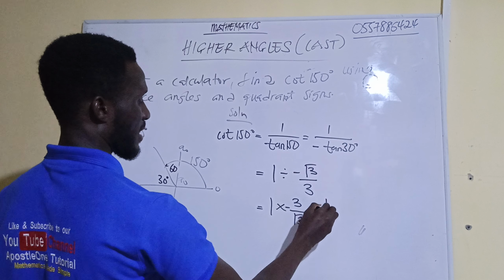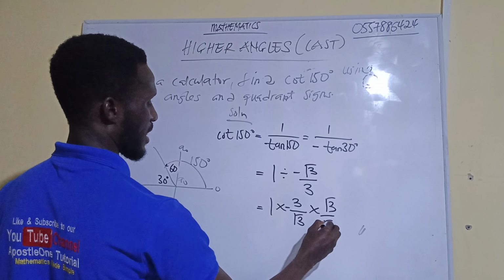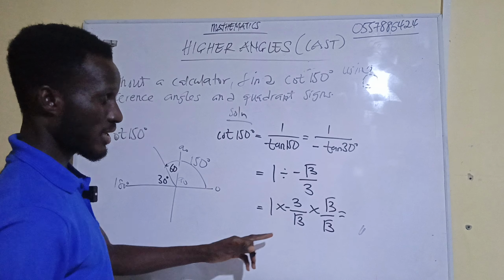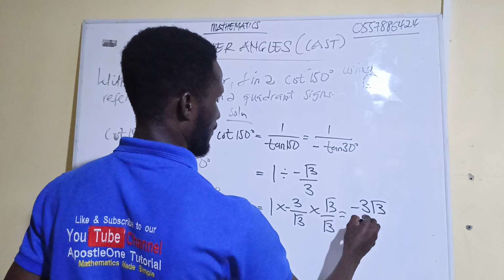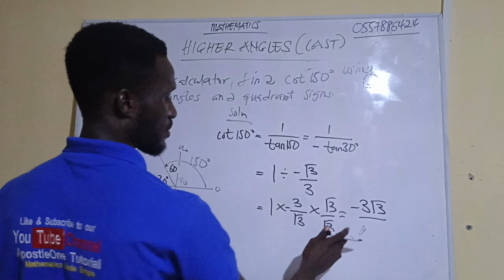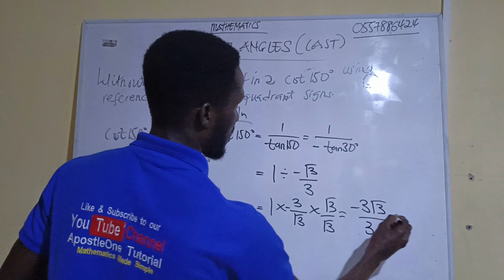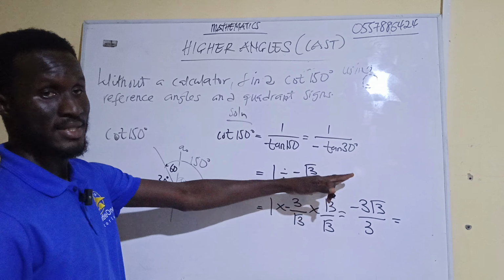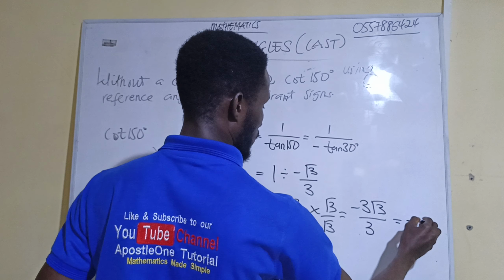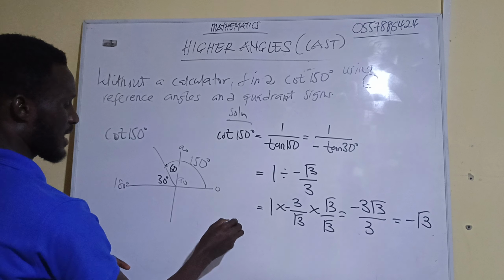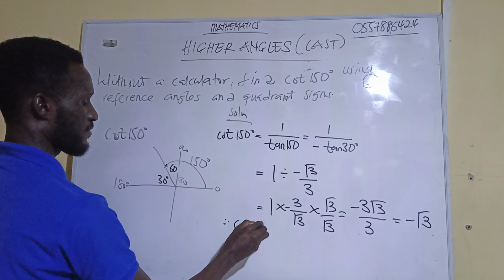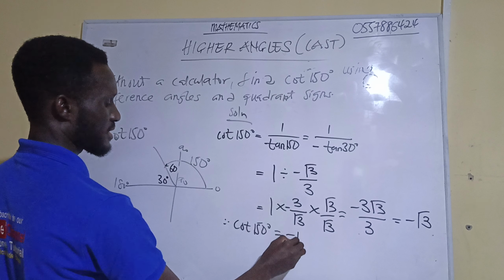You multiply this one by root 3, this one by root 3. So what are we going to get? We're going to get 3 root 3 divided by root 3 times root 3, which gives us 3. So 3 will cancel 3. We're going to get negative root 3. So this one is so simple: when you have cot 150 degrees, it is the same as negative root 3.